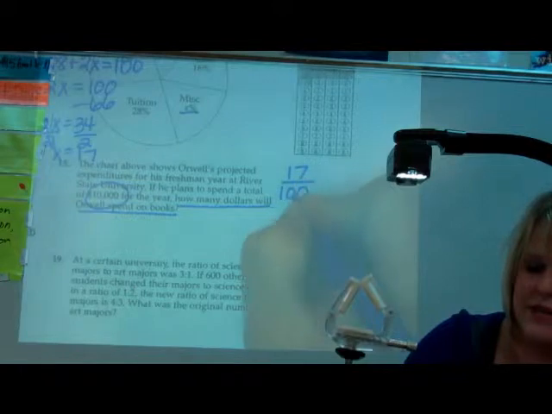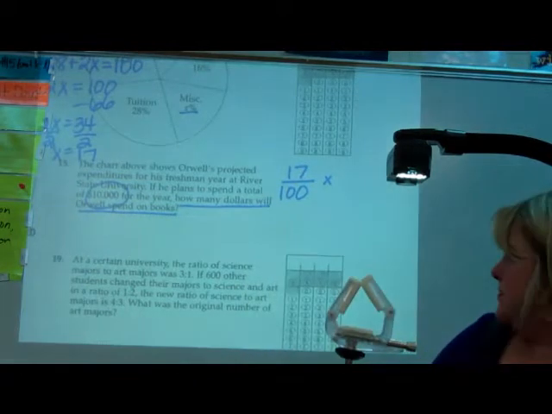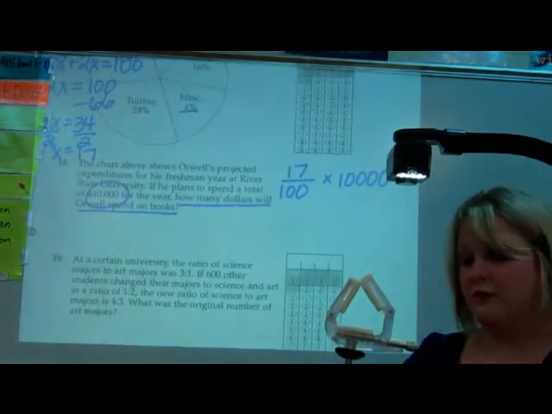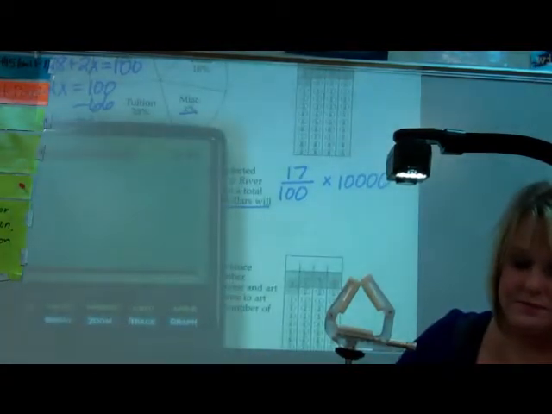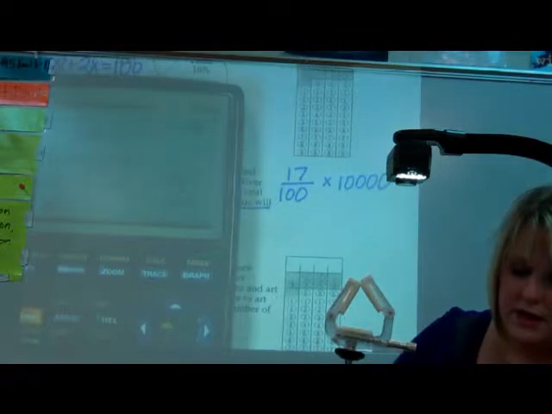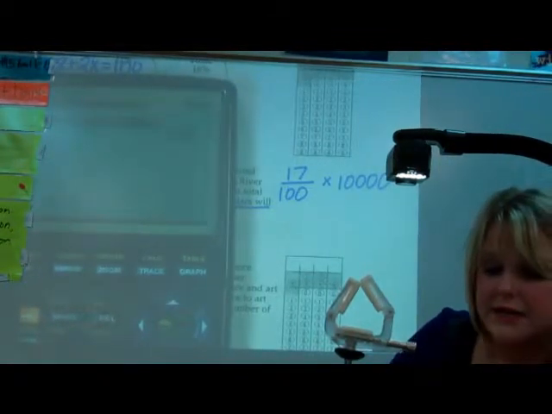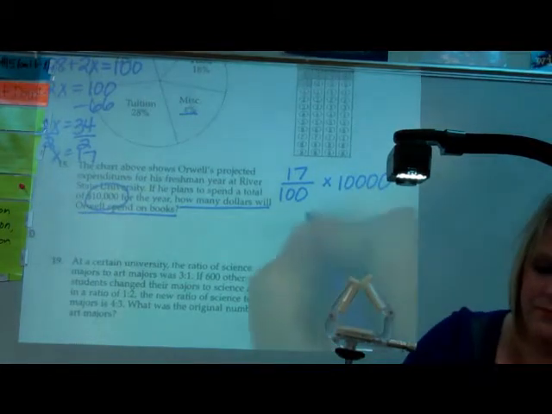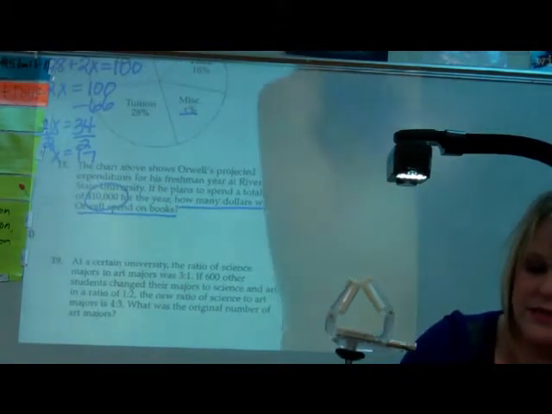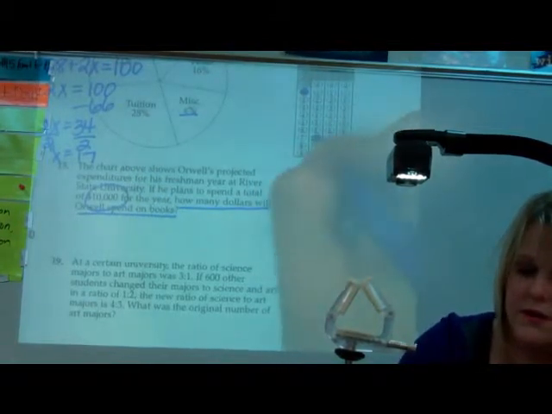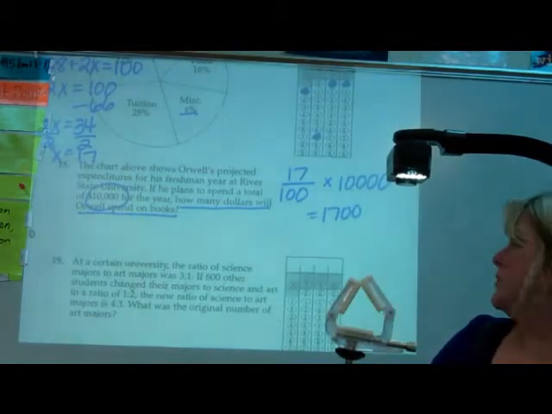So 17% of means to multiply 10,000. So you would do 17 over 100 times 10,000. And 17 over 100 times 10,000 is 1,700. So you would bubble in 1,700.